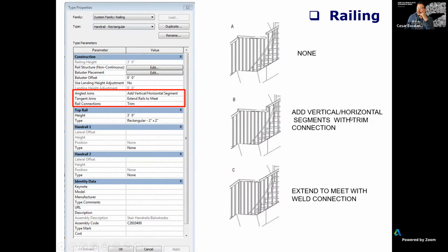You can add vertical and horizontal segments with the trim connections, or this is the one I like the most, the extend to meet, which is a tangent joint. This allows a really smooth connection. The connections, trim or weld, those are the two choices.